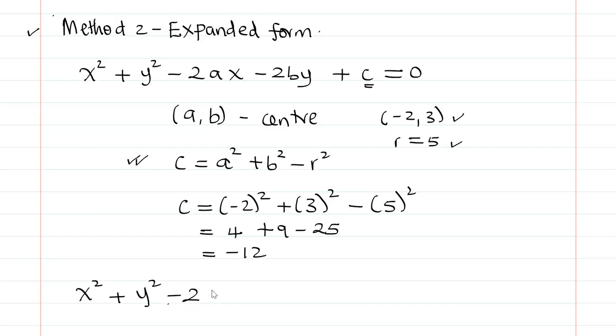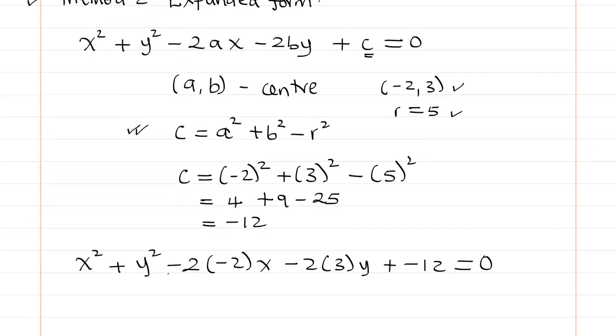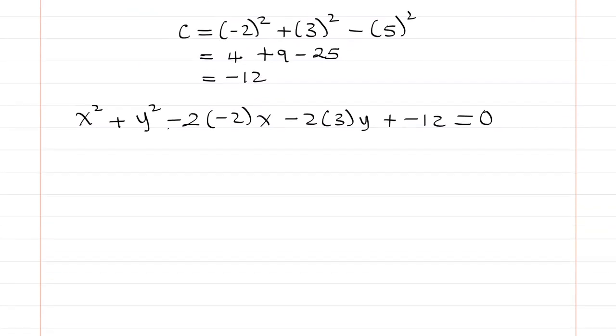What is a? Our a is -2. Attach x. What is b? B is 3. Attach y, plus c. What is our c? It was -12, equals 0. Remember, when you are substituting for a and b, maintain their signs. Also, substituting for c, maintain its sign.